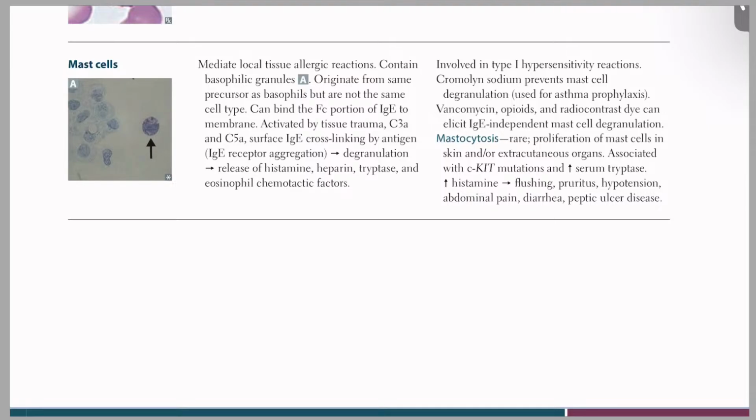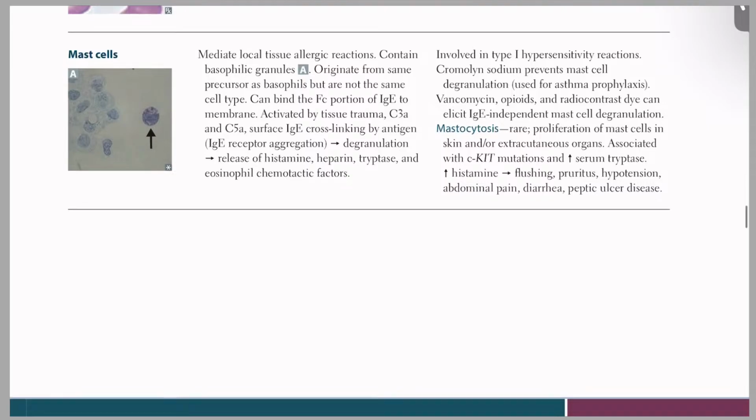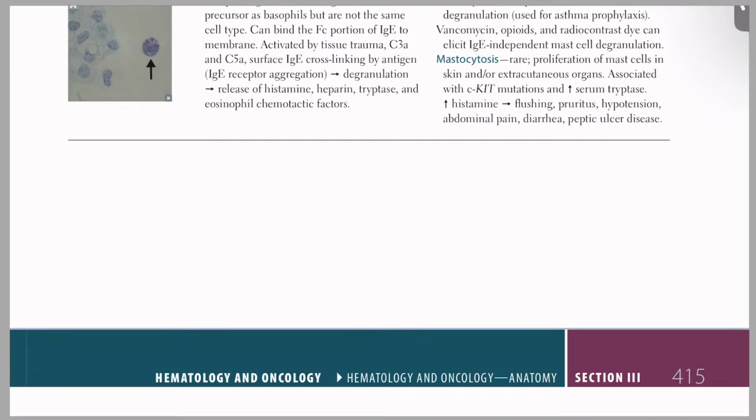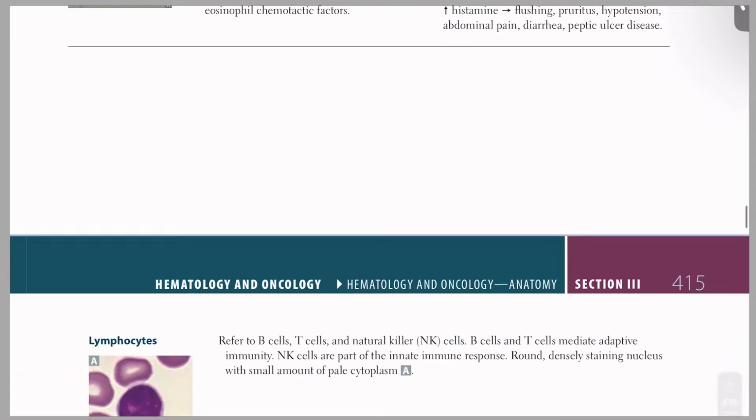Mastocytosis, rare proliferation of mast cells in skin and/or extracutaneous organs, associated with c-KIT mutations and increased serum tryptase. Increased histamine leads to flushing, pruritus, hypotension, abdominal pain, diarrhea, peptic ulcer disease.